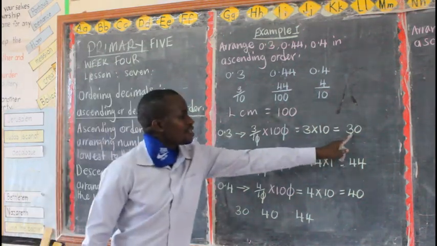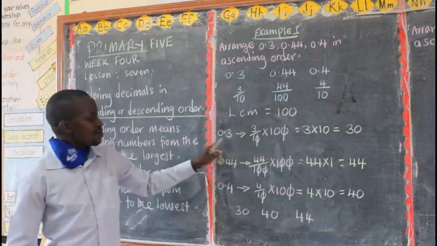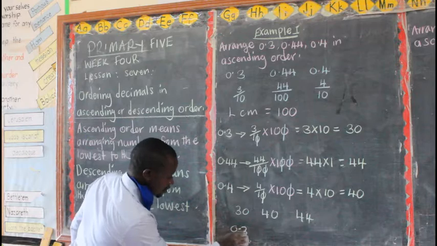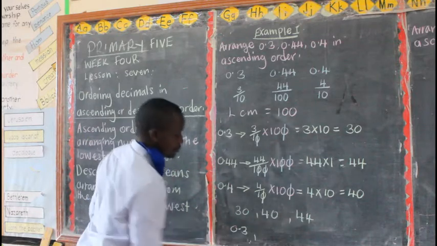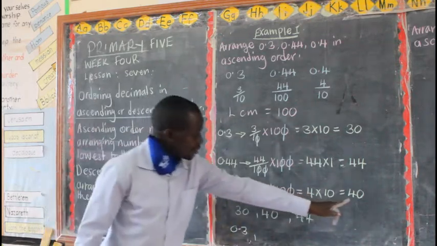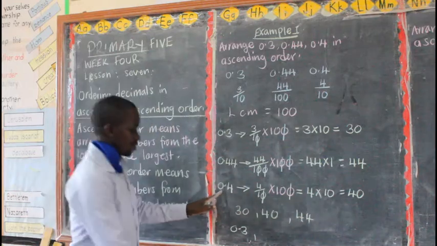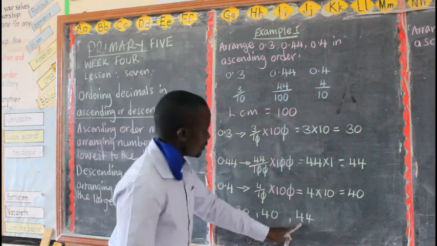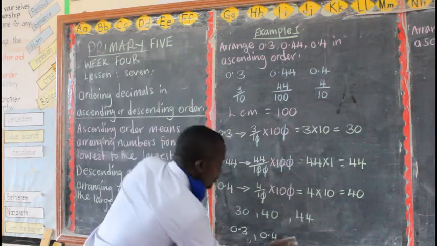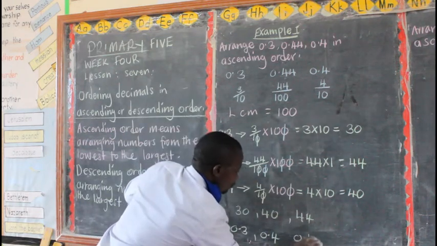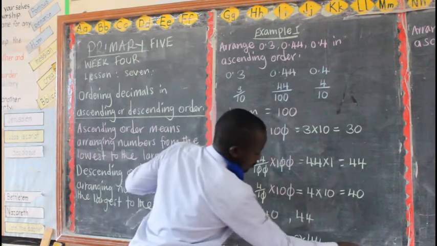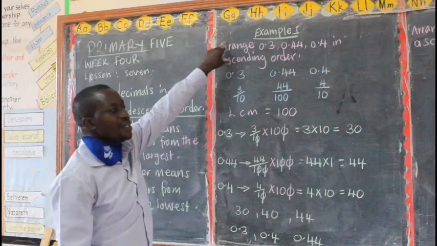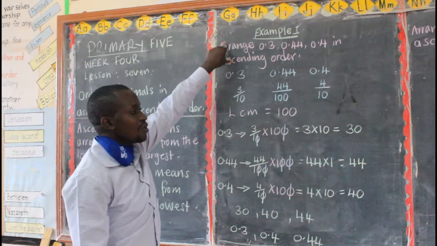Therefore, you look for 30. 30, its decimal was 0.3, then 40, its decimal was 0.4, and 44, its decimal is 0.44. So here we have arranged these decimals in ascending order.